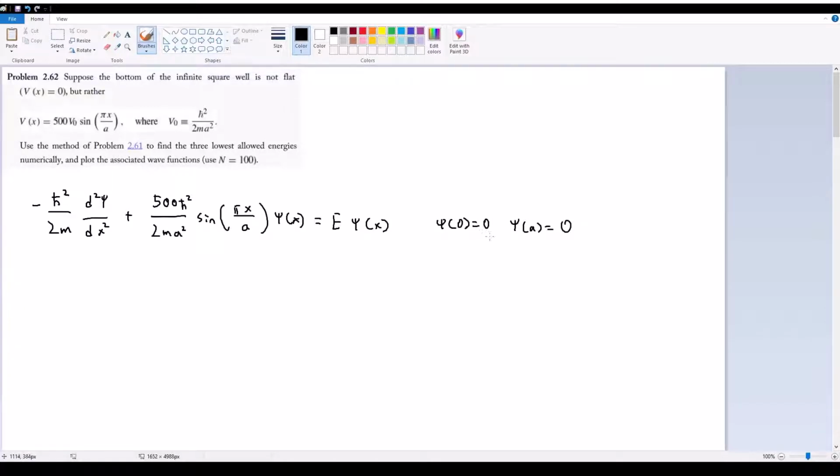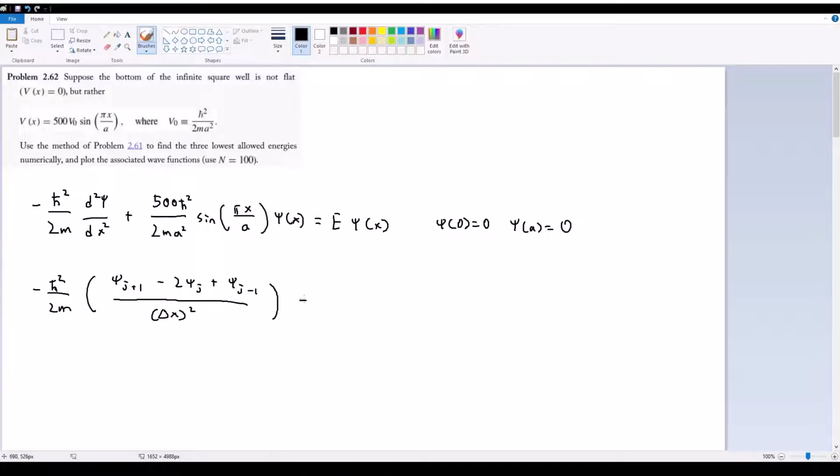So let's use the method from 2.61 and substitute the second derivative with our interval notation. So negative h bar squared divided by 2m, and we're going to replace d2 psi by dx squared by psi j plus 1 minus 2 psi j plus psi j minus 1. And then this is divided by delta x squared.